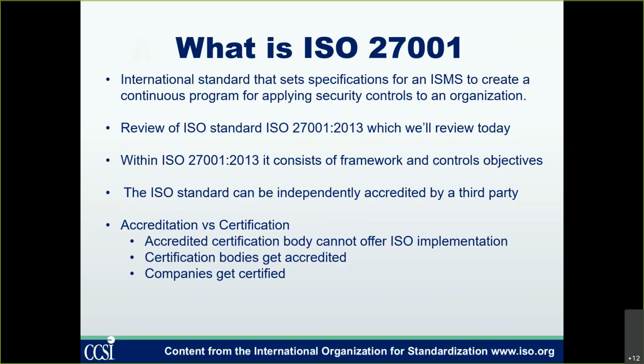They have some interesting controls in there. As we said, the program of ISO 27001 is built in two sections, split between framework and control objectives, and we're going to go through that in a little more detail today. The interesting part about the ISO is that you can have it independently accredited.